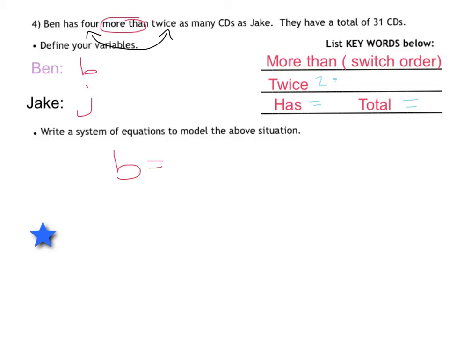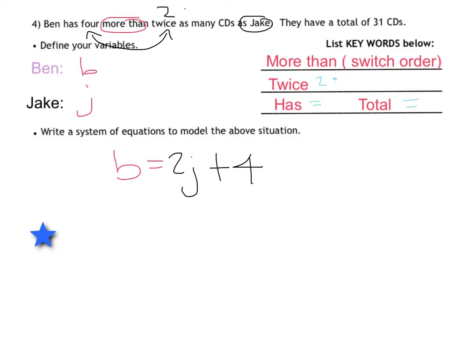Twice as many CDs as Jake. Twice, we already talked about, means 2 times something. Well, what's the something? Jake is the something. So 2 times Jake, or 2J. More than, I know, means addition. I've already switched the order. And I have to add 4 because Ben has 4 more than twice as many CDs as Jake.